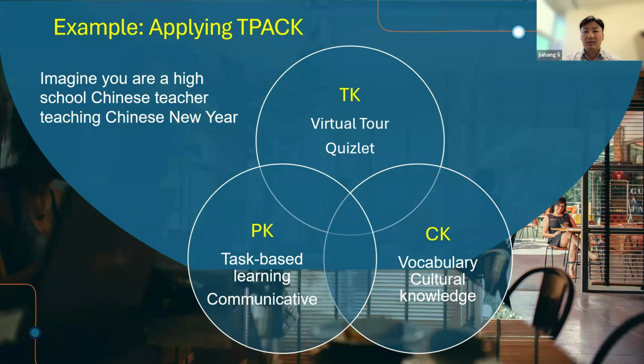So in this brief example, what I'm trying to demonstrate is that when we are thinking about teaching a specific age group in a foreign language setting, right? We're thinking about content, pedagogy, and technology together, so aligning with our learning objectives as well.